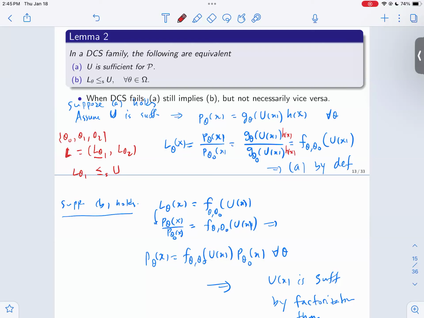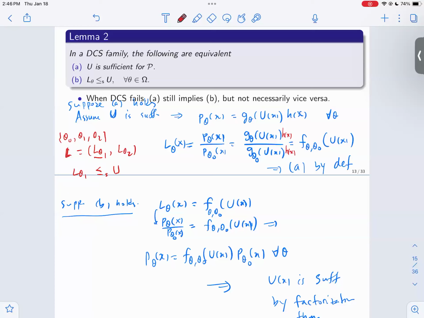So you're saying this is enough for U to be sufficient, I mean, for L theta 1 to be minimal sufficient? This is true for any sufficient statistic. But in order for me to conclude that this is sufficient, I should be able to put it here, and this has to hold for all theta.